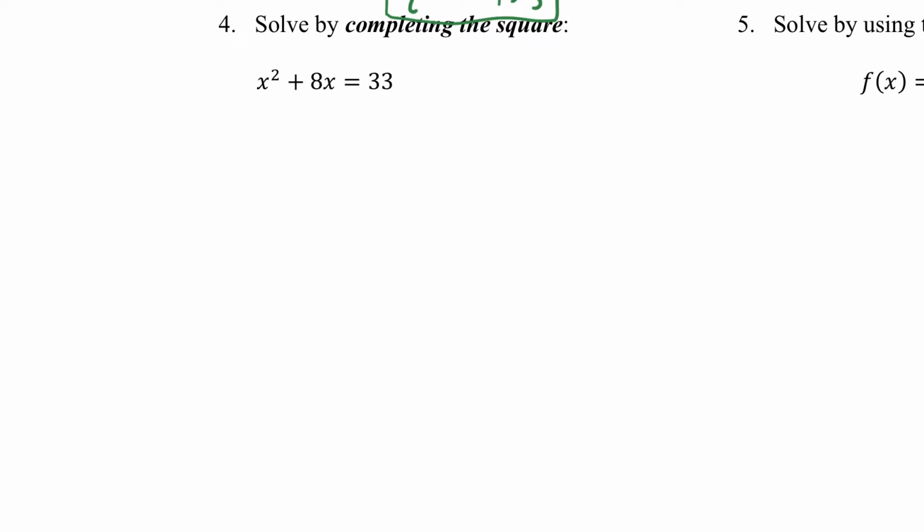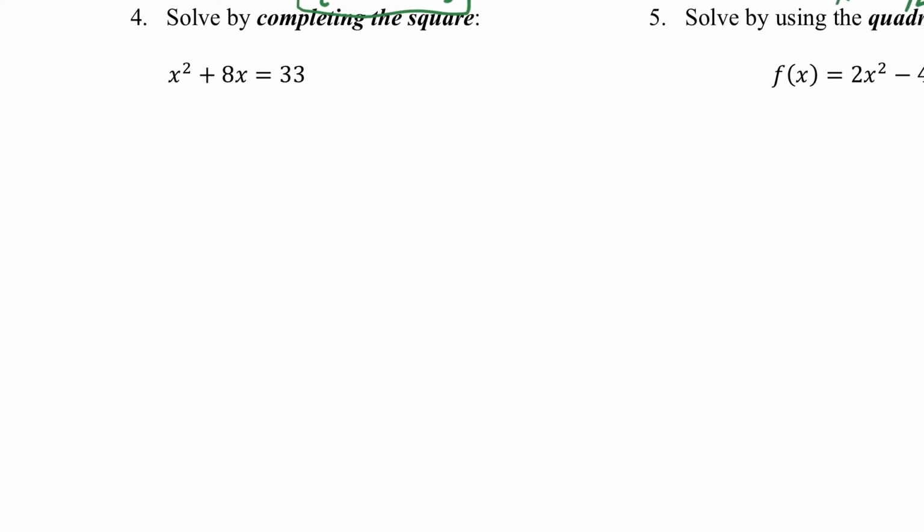All right, number 4 wants us to solve by completing the square. So what I would recommend is to draw the scenario that matches the equation over here. So we got an x and an x. And we've got an 8x here. And so you'll remember what we did on these was we tacked on a little rectangle here to both the top and the side.